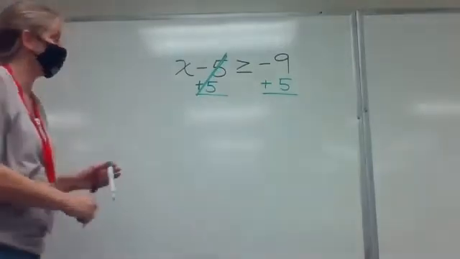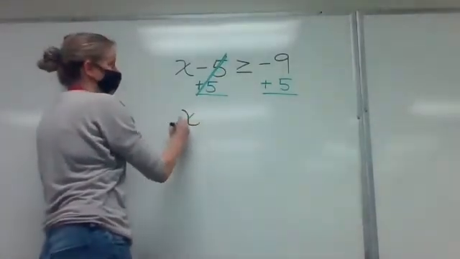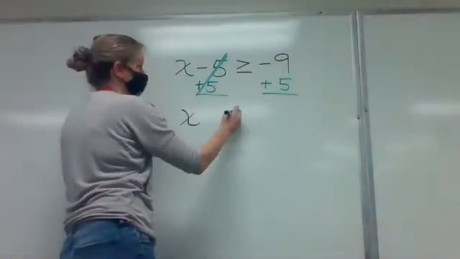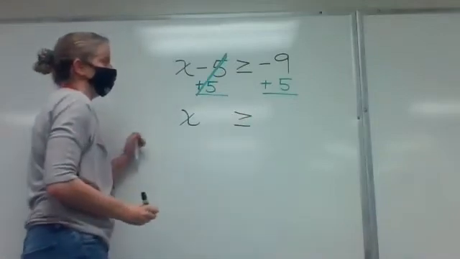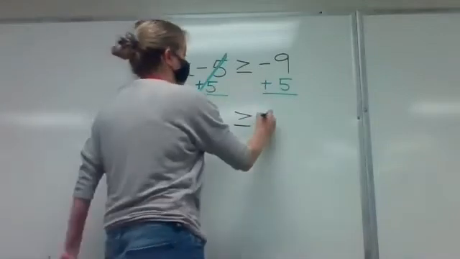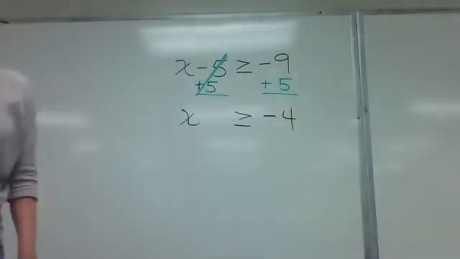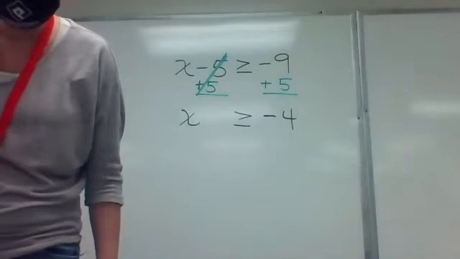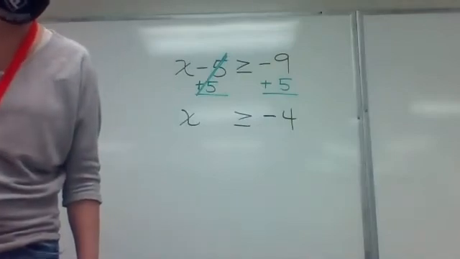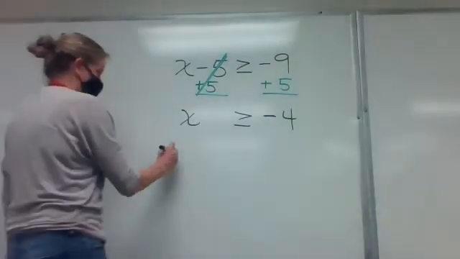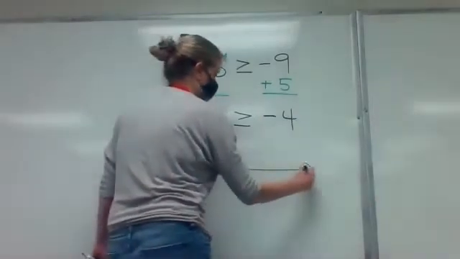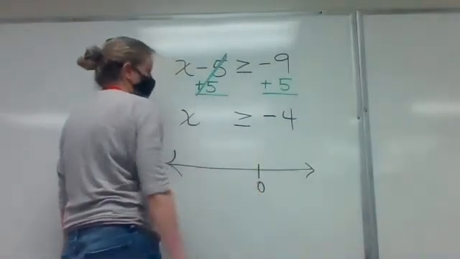Those cancel. There's your X. Just drop down that symbol. So greater than or equal to -9 plus 5 gives me -4. Here's my 0.